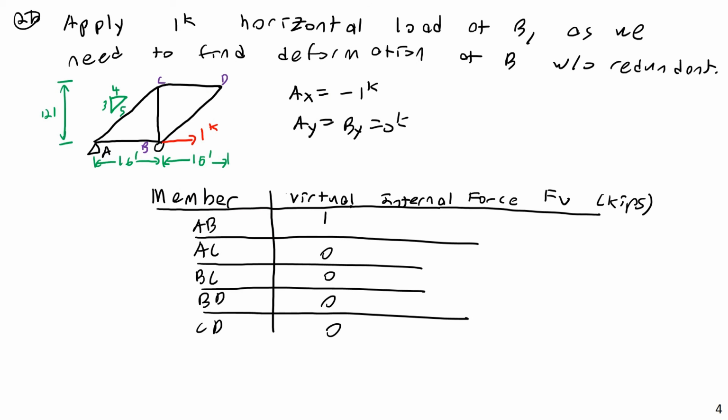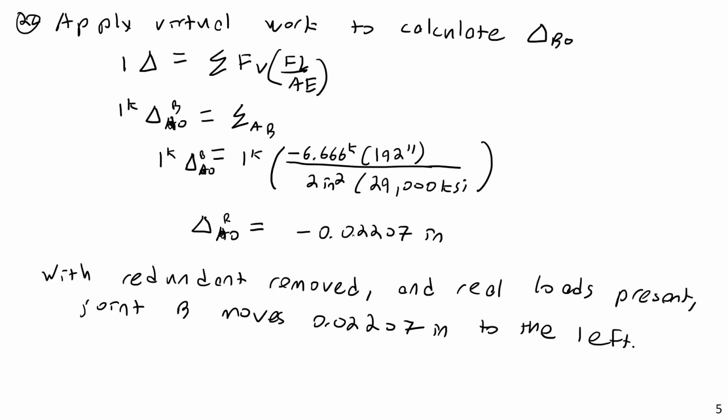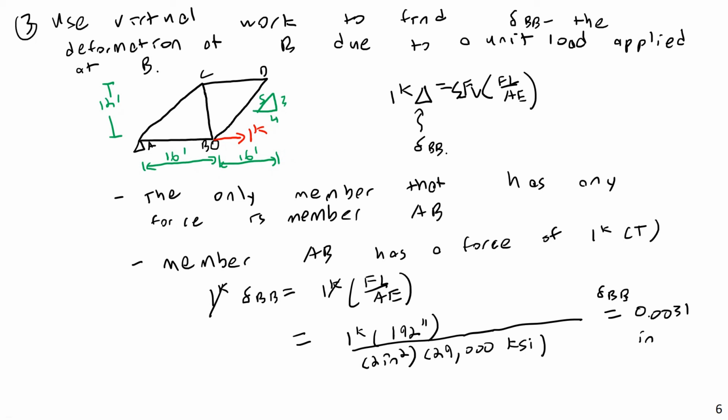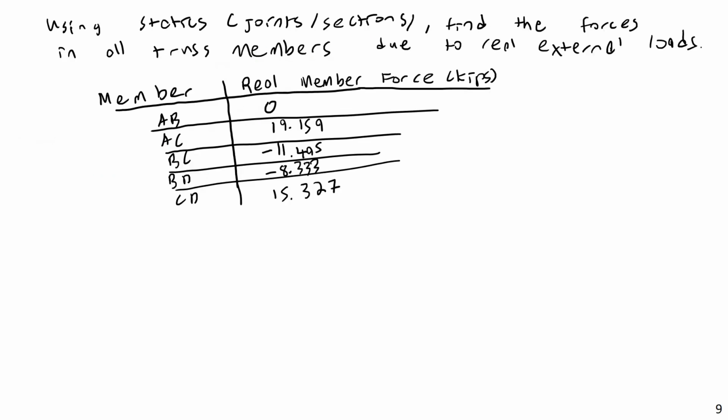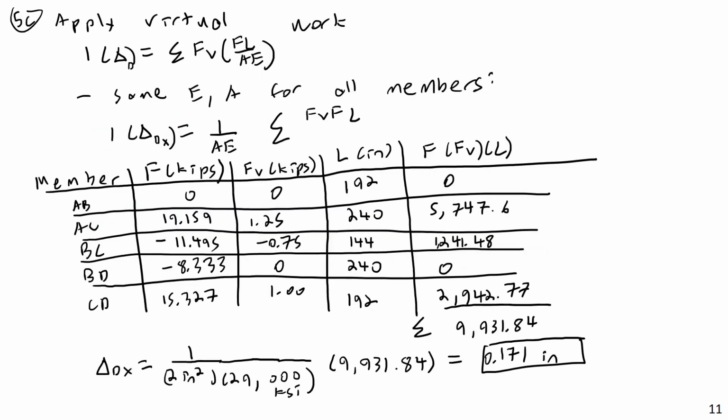Then I combined the results from the two virtual work processes to produce my final redundant reaction. Once I had that value, the truss was statically determinate, and we could solve for whatever final quantity we wanted, which in this case was the deflection at a completely different joint D.